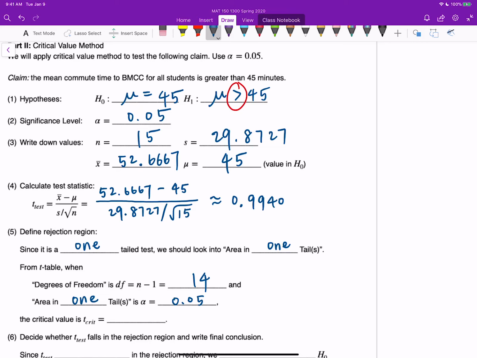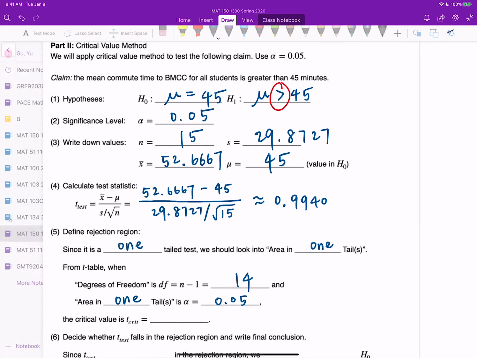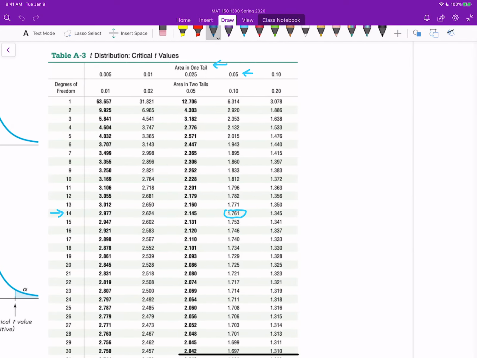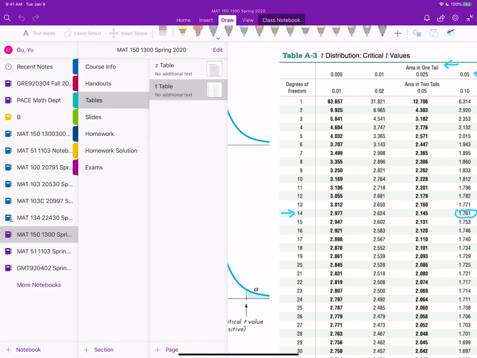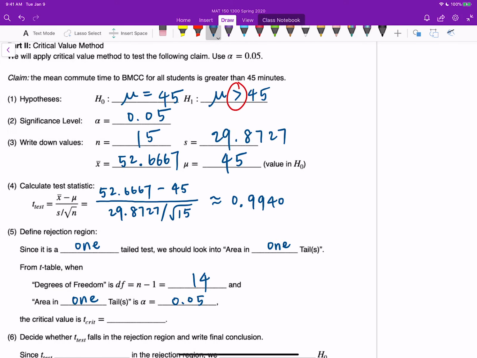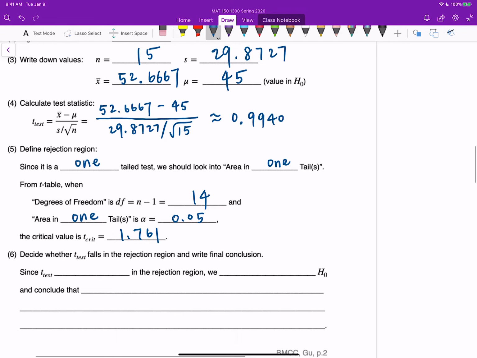So the critical value is, we actually did that earlier. Let's go back to the table to double check. Degree of freedom is 14, area in one tail 0.05, critical value 1.761. Then we're going to graph our rejection region.